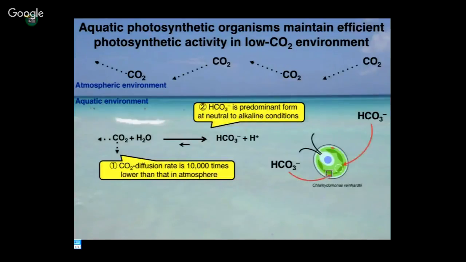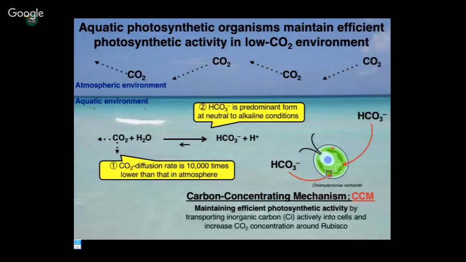So they need much more CO2 inside the chloroplast, because Rubisco is located in chloroplasts, and the main molecular species in the ocean is bicarbonate. So we call this photosynthesis supporting system the CO2 concentrating mechanism.